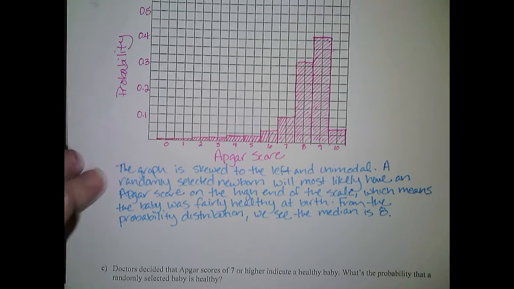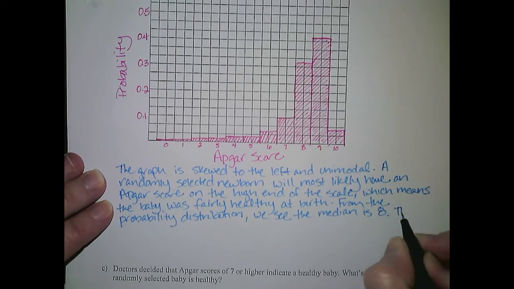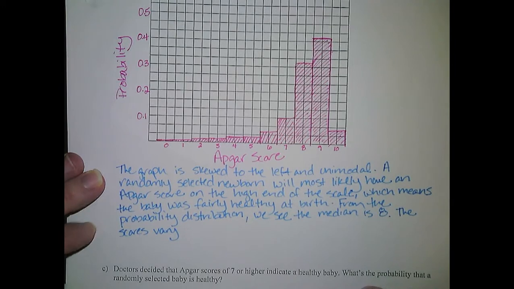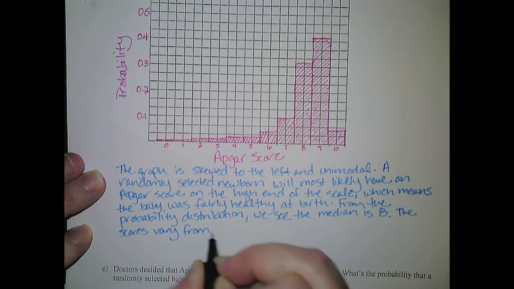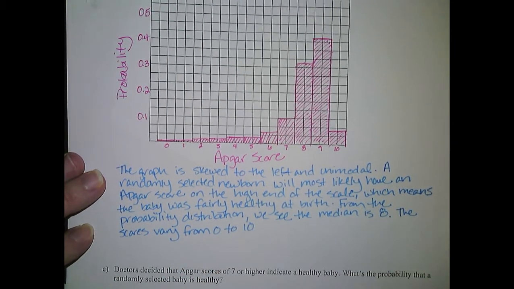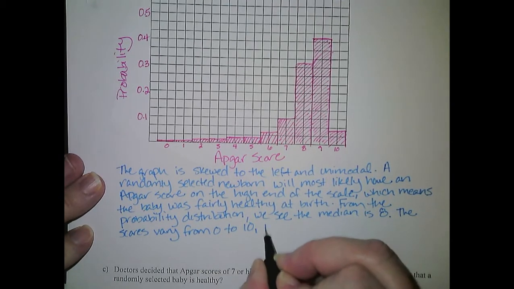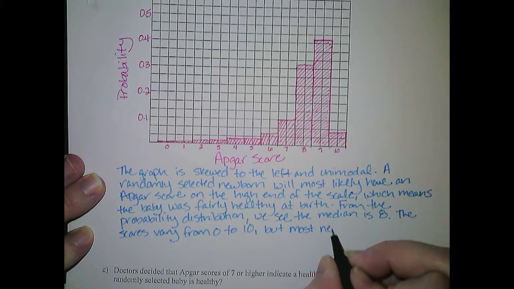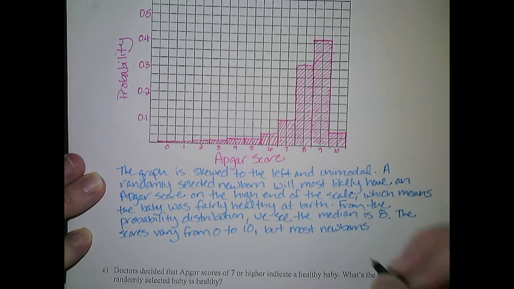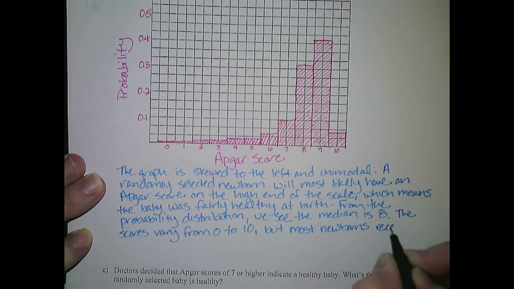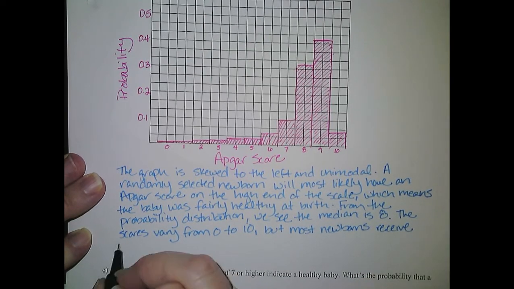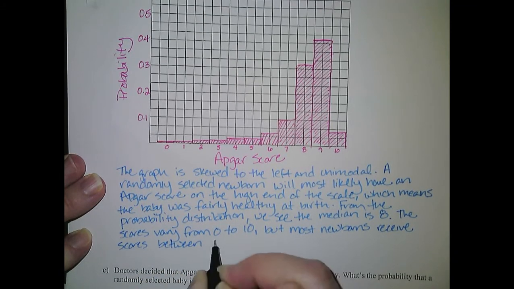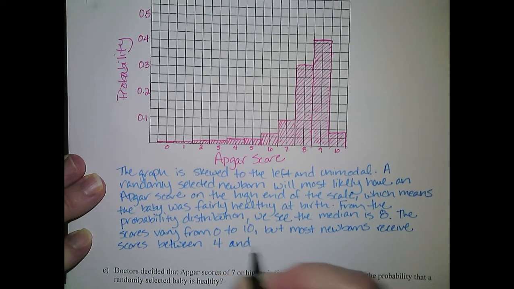So the scores vary from 0 to 10. That's our range. But more specifically, most newborns are going to receive a score between 4 and 10.